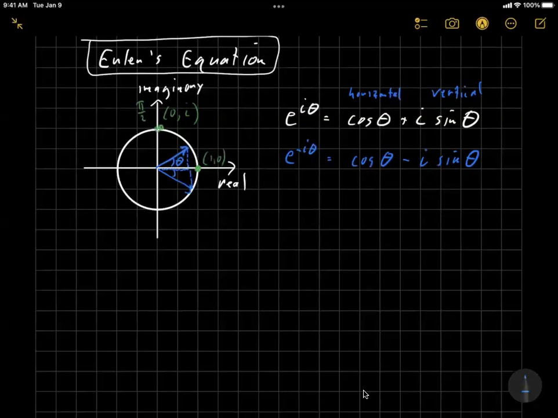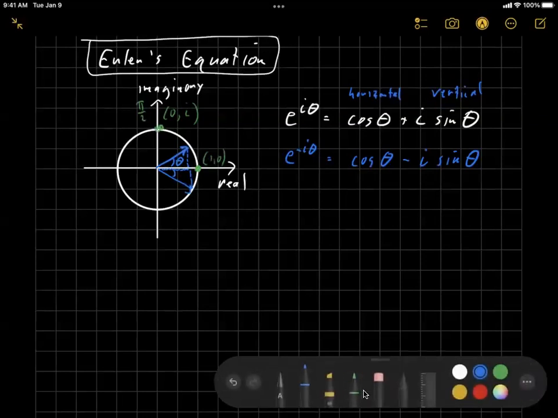So now if we look at those equations, we can see that we might be able to relate that to what a cosine or a sine is. The first thing we can do is add the two equations.